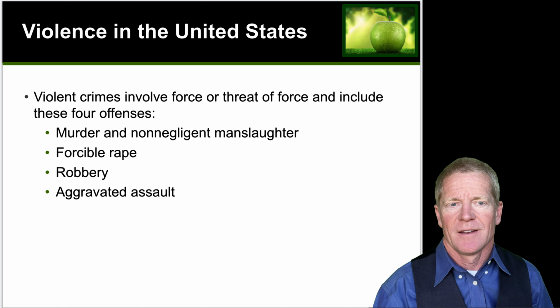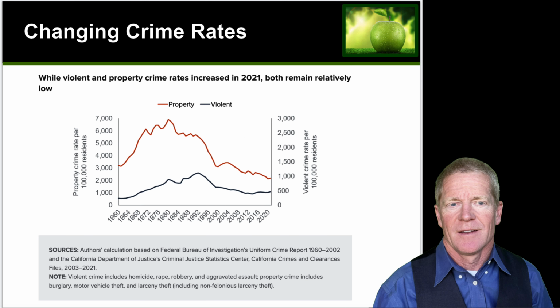In the United States, violent crimes include some of these offenses: murder or non-negligent manslaughter, forcible rape, robbery, and aggravated assault. Numbers are kept for the prevalence and incidence of these violent crimes. In the state of California, you can see here violent crimes and property crimes recorded since 1960.